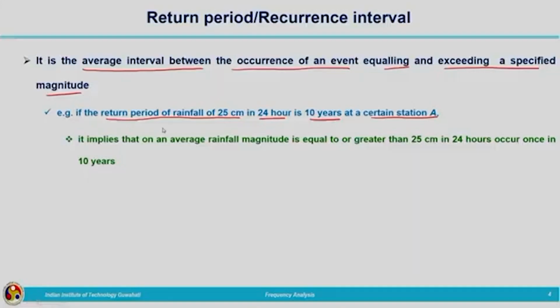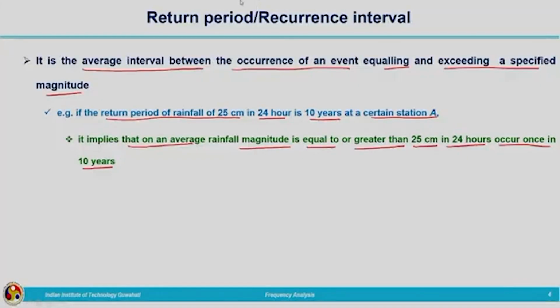What does it mean? It implies that on an average, a rainfall magnitude equal to or greater than 25 centimeter in 24 hours occurs once in 10 years. At least once in 10 years, a daily rainfall having a magnitude of 25 centimeter may occur.